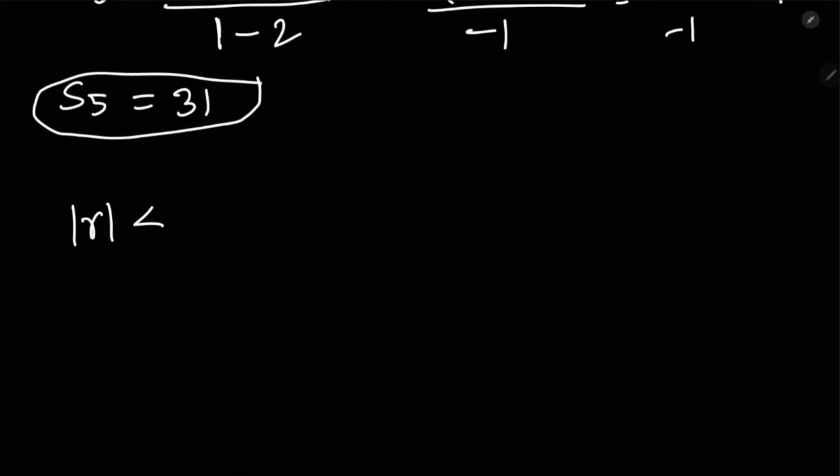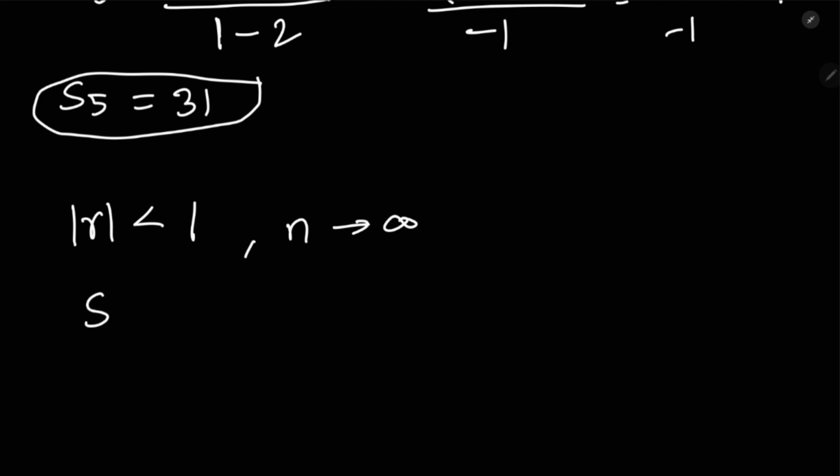Now there is one special case of this Sn formula, that is when the magnitude of r, when r is less than 1, and let's say n tends to infinity, so we're adding an infinite number of terms.